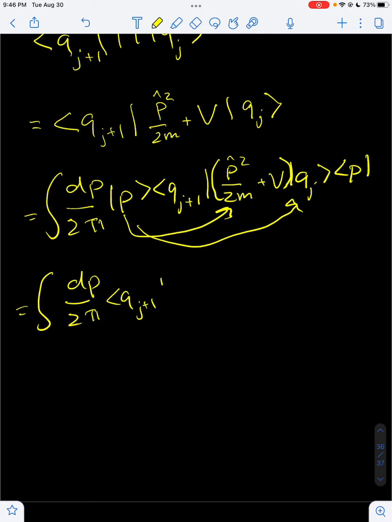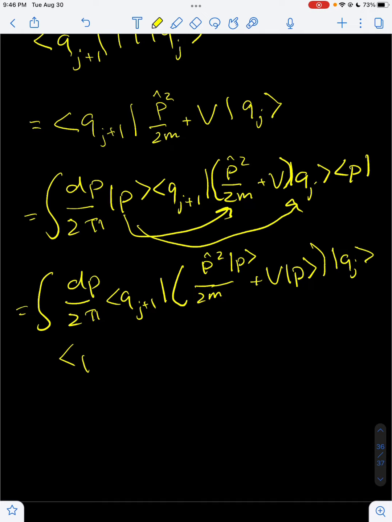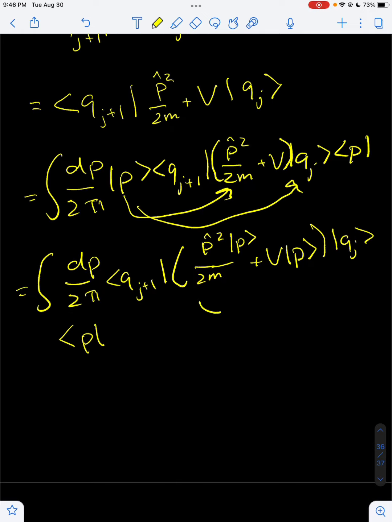I'm getting pretty tired now, a lot of writing. P squared over 2m acting on the momentum state plus V acting on the momentum state, right? And then <p| times |q_j>.